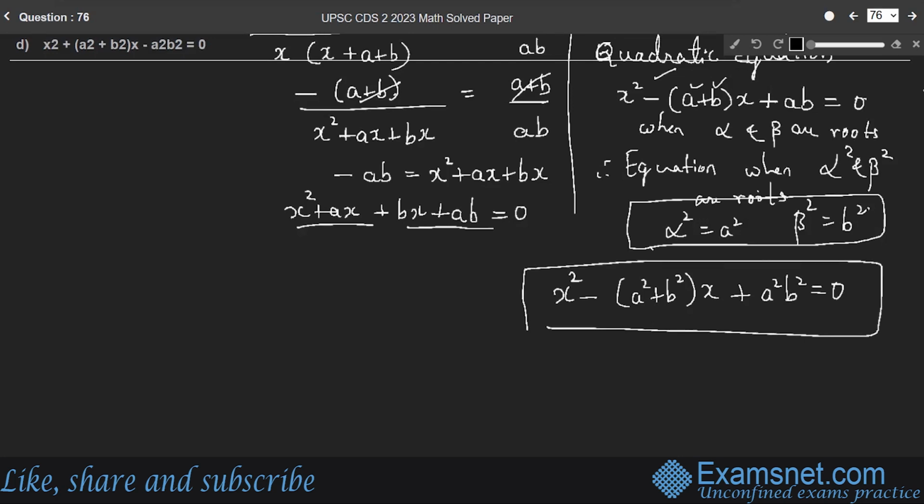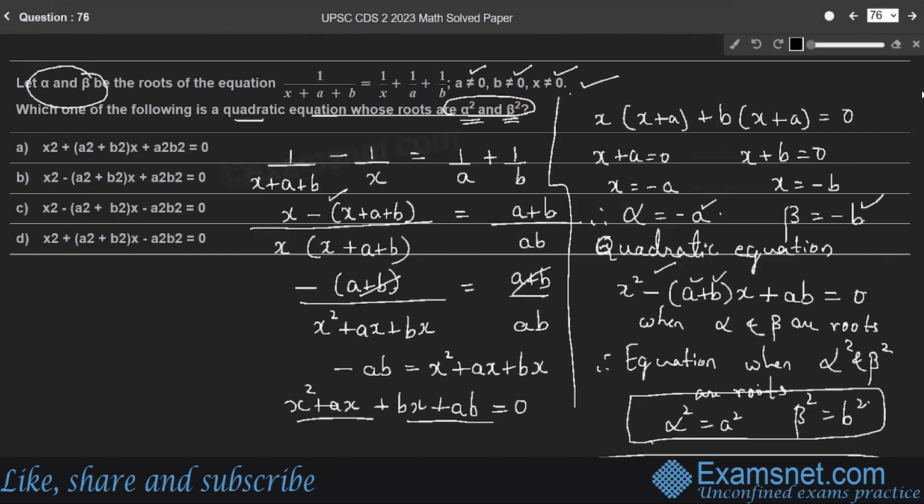Since a and b both have negative signs, the sum is also negative. Therefore, the quadratic equation will be like this. Look at the options. Option B is the right answer: x square minus (a square plus b square) into x plus a square b square.